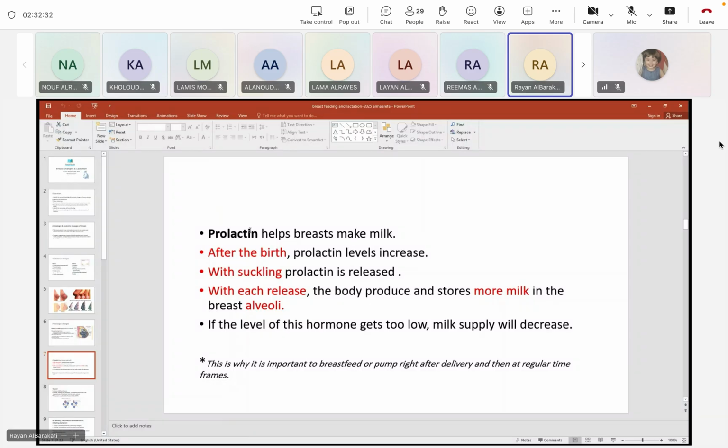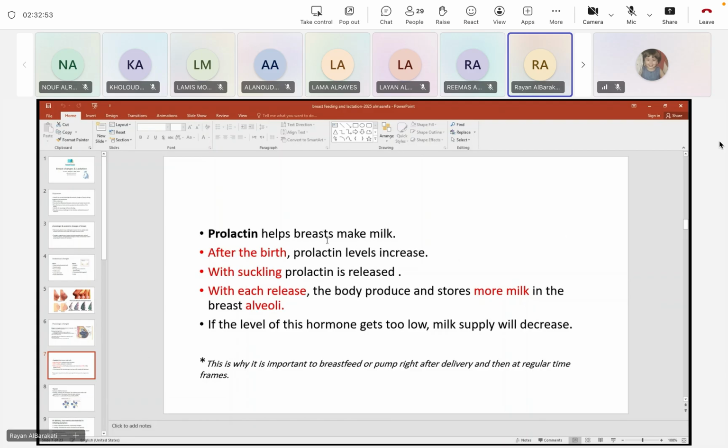In pregnancy, prolactin is produced to produce milk, and it is secreted before delivery. The milk produced will be stored in the milk ducts, but there will be no oxytocin to eject the milk outside of the gland.